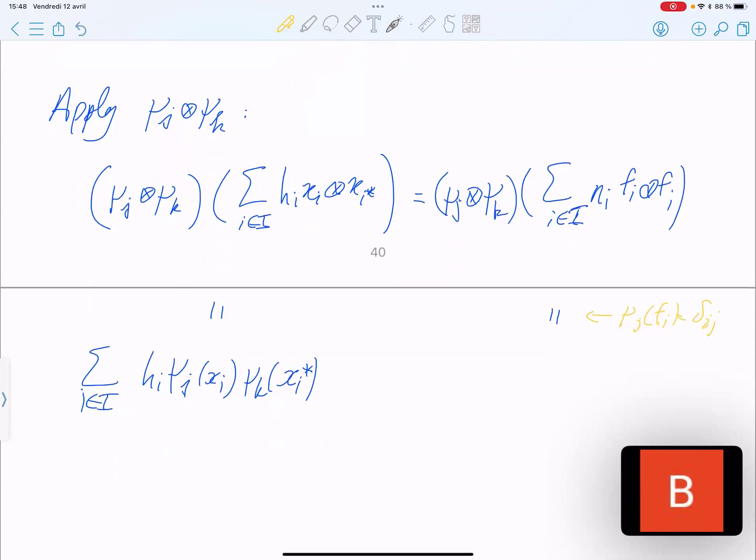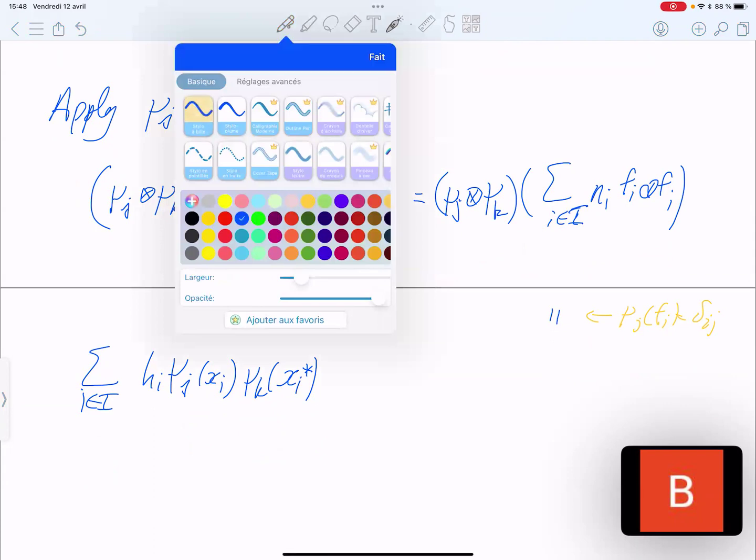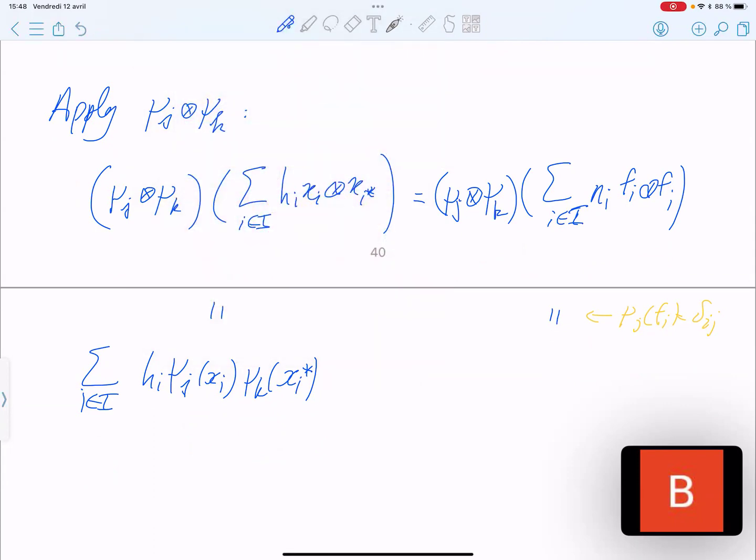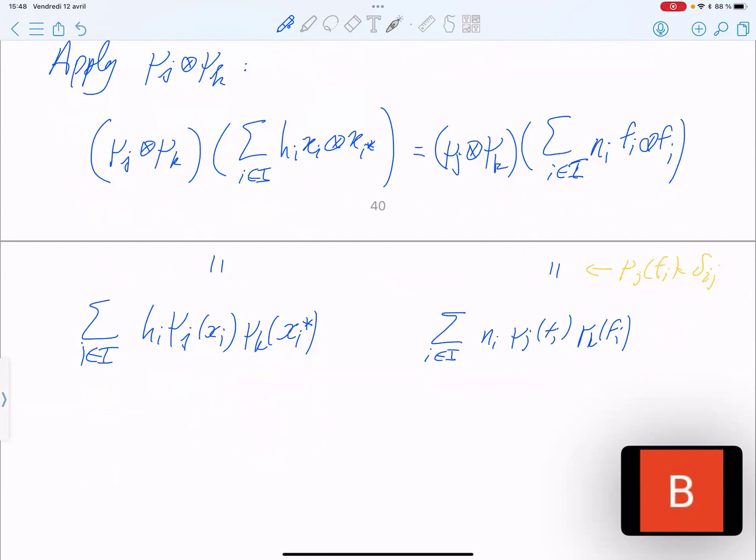So what we get is the sum over i in I of mu_j f_i mu_k f_i, so delta_ij delta_ik.